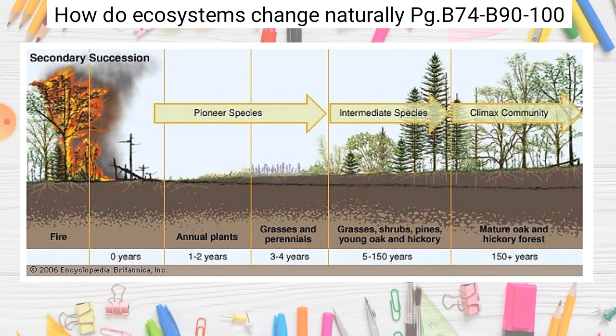In secondary succession, first the ecosystem suffers some damage. However, the soil still has enough material to sustain life. This process is more about recuperation than initiation. After 1 or 2 years, we can see the return of small plants.